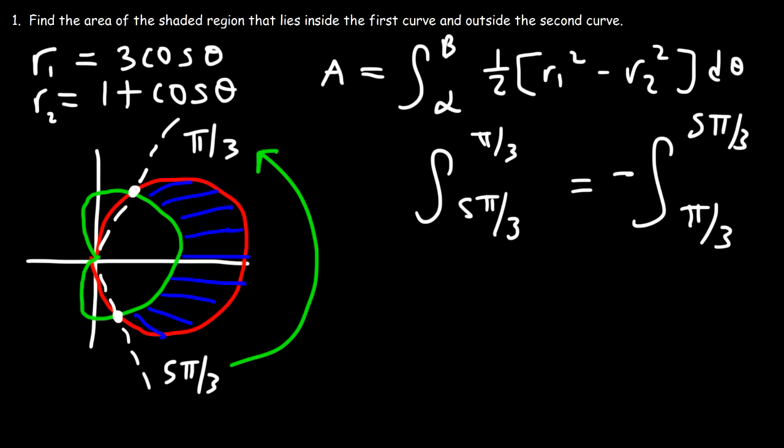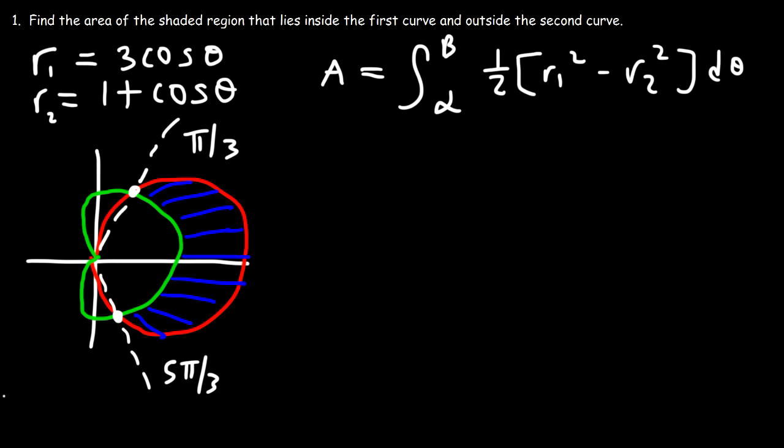So it's the same as going in, instead of going this direction, but since it's negative, going really in this direction, and there's nothing there. So if you try to integrate it from 5 pi over 3 to pi over 3, you're not going to get the right answer. And that's what you need to be careful with in this problem.